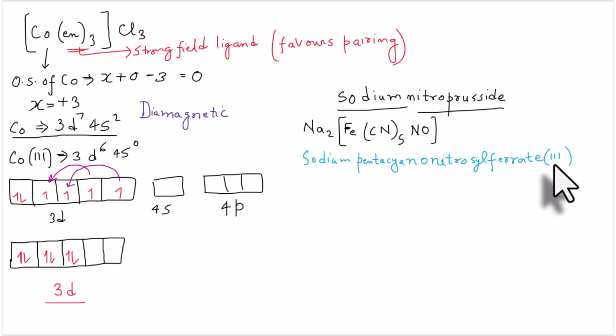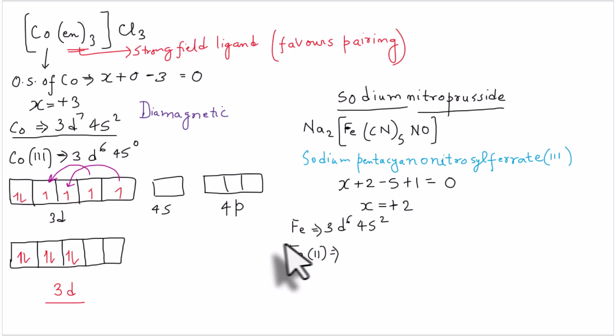Now the oxidation state of iron in this complex. Supposing iron is X, so 2 sodium, sodium is plus 1, so plus 2. Then 5 cyano, cyano is minus 1, so minus 5, and nitrosyl has a plus 1 charge. Total charge on the complex is 0. So X comes out to be minus 5 plus 3, so plus 2. So iron is in the plus 2 oxidation state.